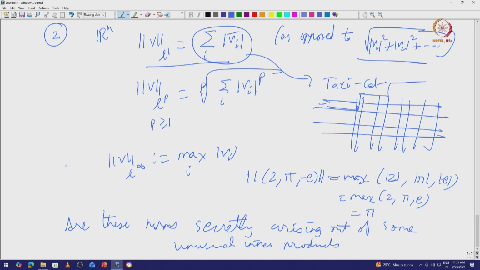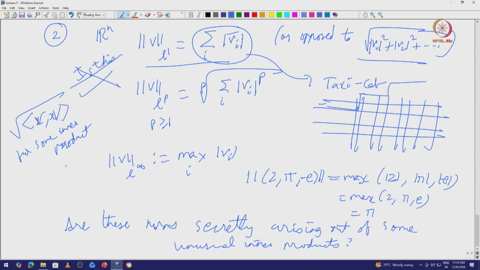That is, for example, is this v comma v for some inner product? So the answer here is no. Not all norms arise out of inner products, certainly not these. The only one that arises out of an inner product is this one. Why is that so? We won't bother getting into that.